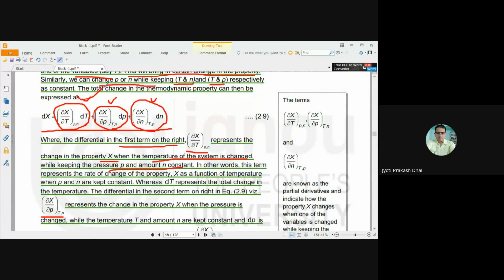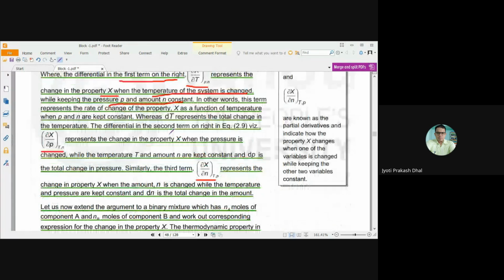Similarly, the second term represents the change in the value of X when pressure changes, keeping temperature and number of moles constant. Similarly, the third term represents the change in the value of X with change in the value of N, keeping temperature and pressure constant.